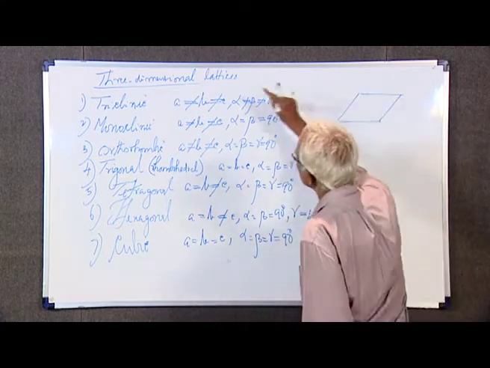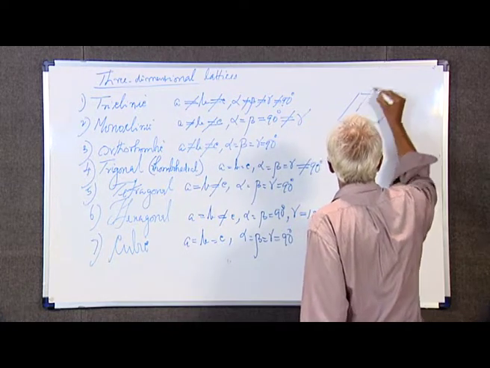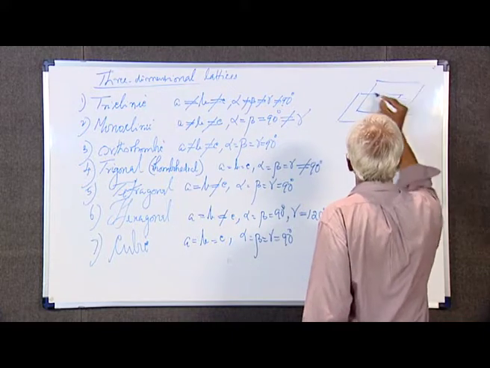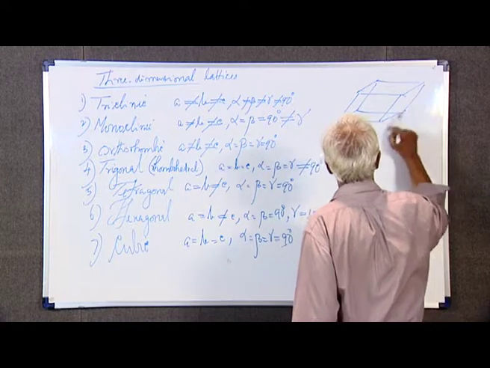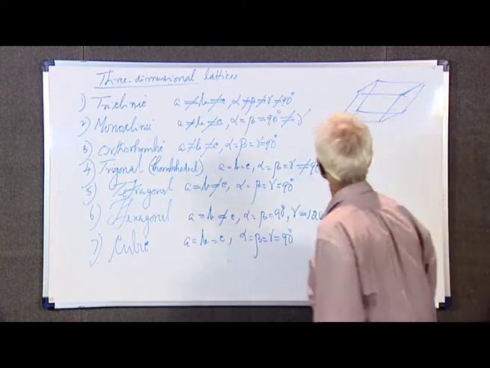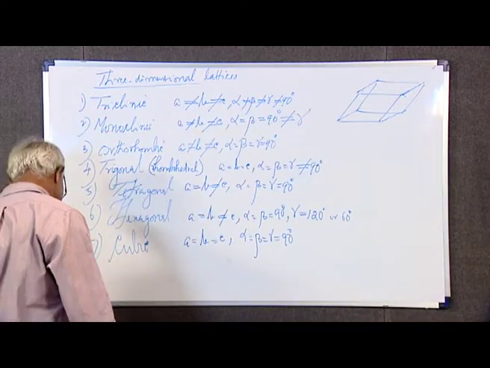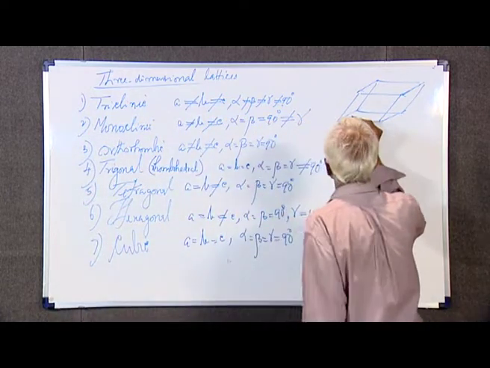How will you make it a triclinic prism? It's something like this. An oblique unit cell reborn with more sophistication in 3 dimensions.